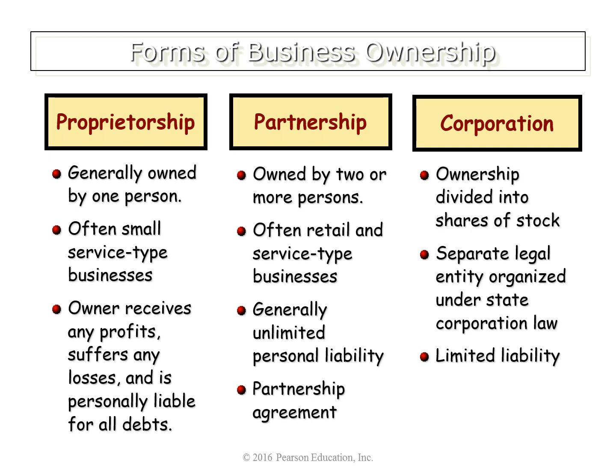In a partnership, two or more people own the business, and often it is a service type of business. Generally it has unlimited personal liability, which means the partners receive any profit and suffer any losses, even in their personal properties.